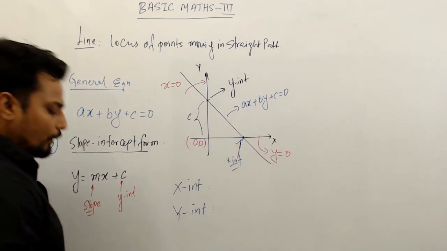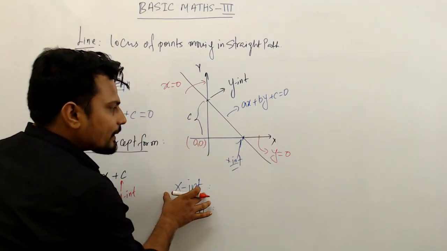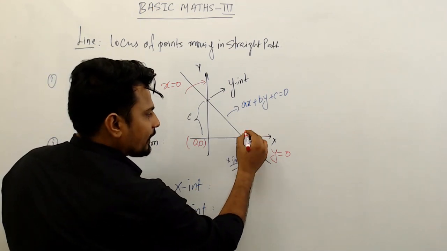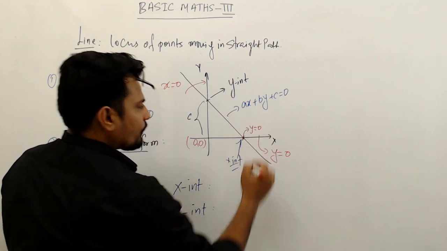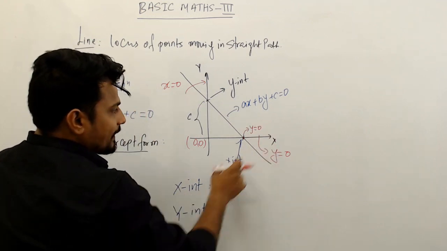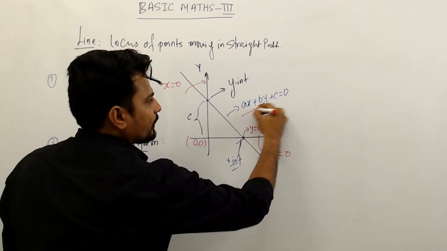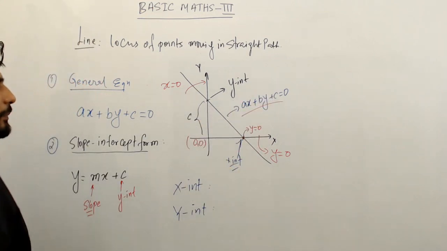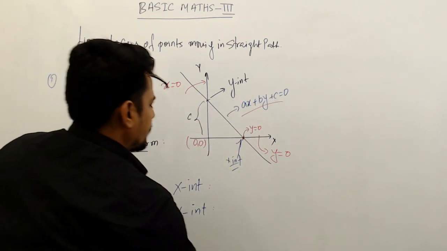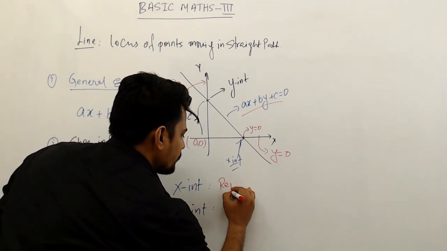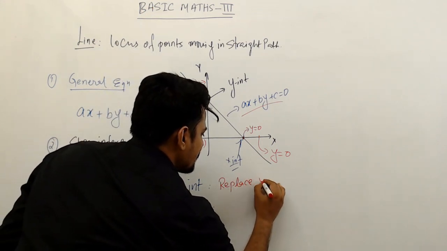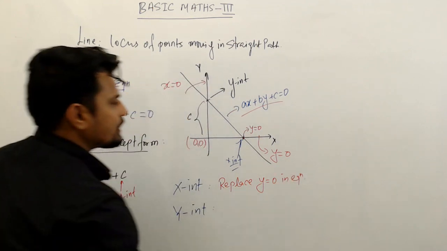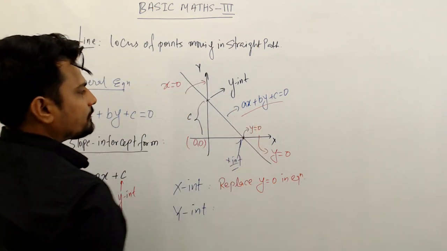So if I want to find the x-intercept, at this point I'm sure you would agree that the value of y is going to be 0. So to find the x-intercept, replace y equals 0 in the equation of this line.